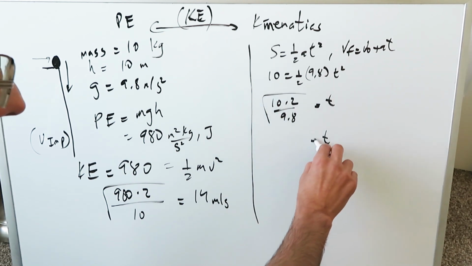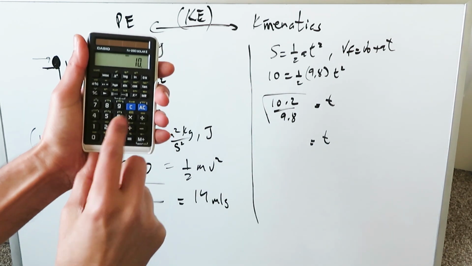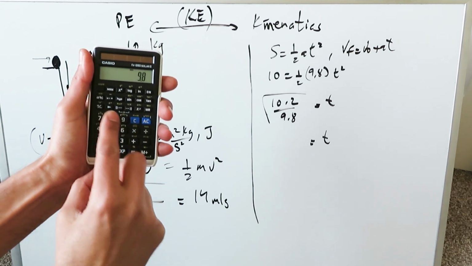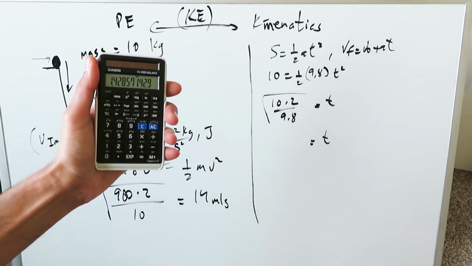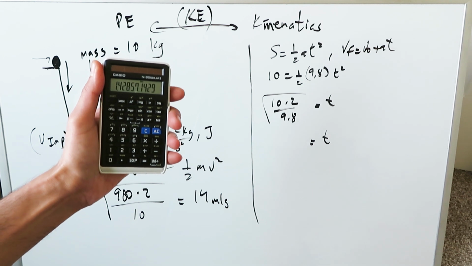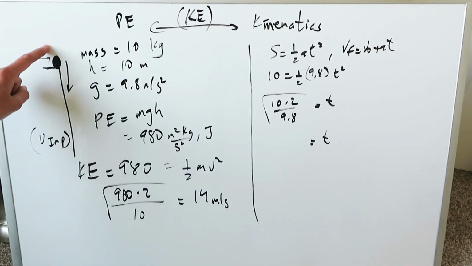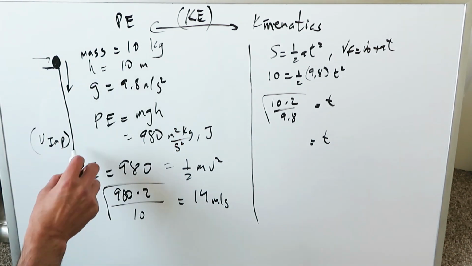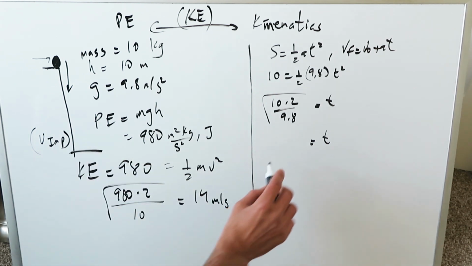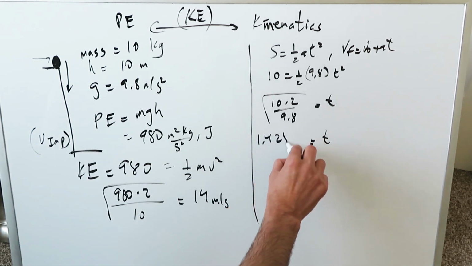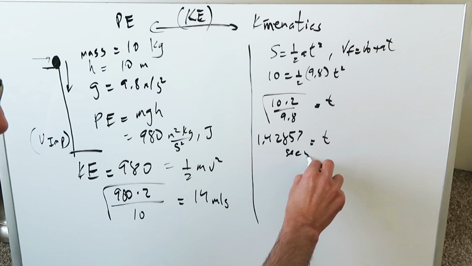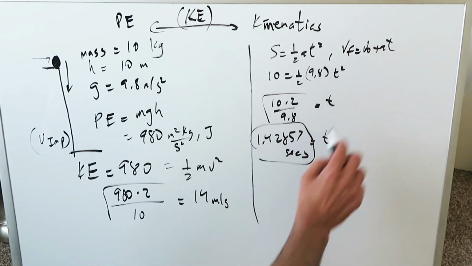Solve for t and see what you get: 1.42857. The time to impact for this ball 10 meters above the ground is 1.42857 seconds.